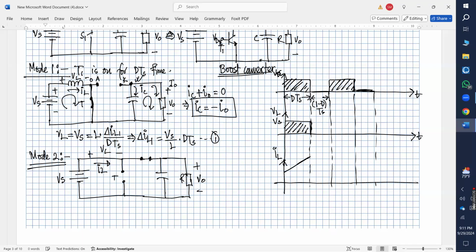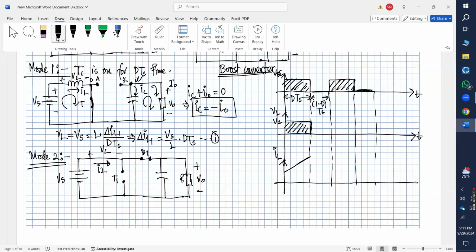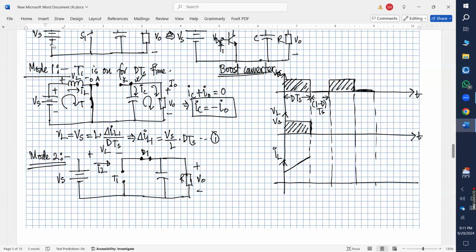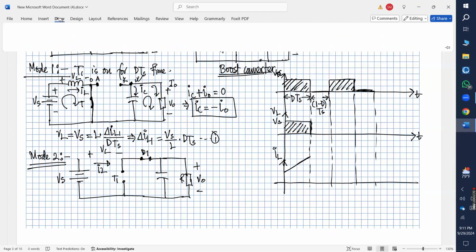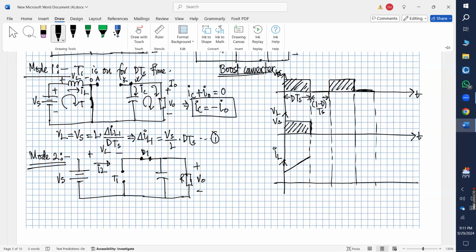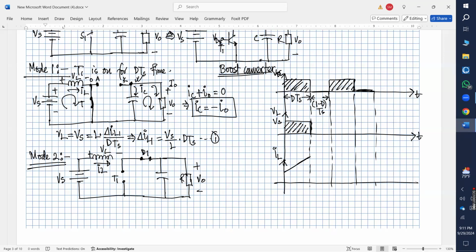So this should be my T1 and this is my D1. Okay, I made one mistake here. Here it should be an inductor. So the circuit should look like this, right?